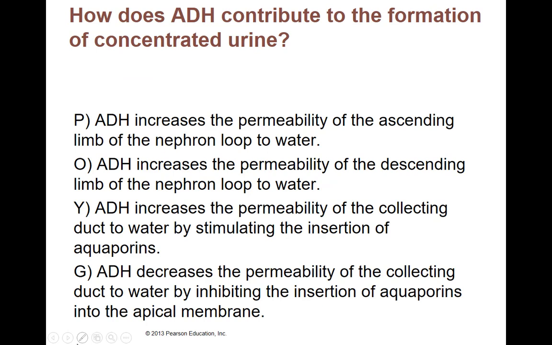How does the antidiuretic hormone contribute to the formation of concentrated urine? How does that hormone work? How does it make it so you're anti-P?